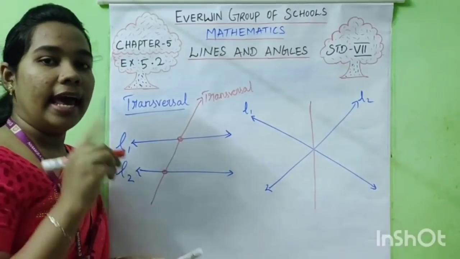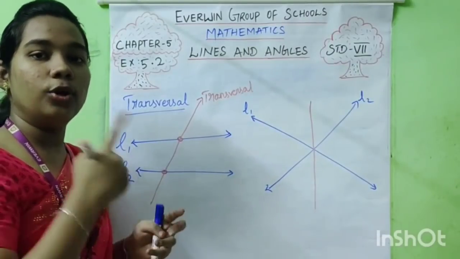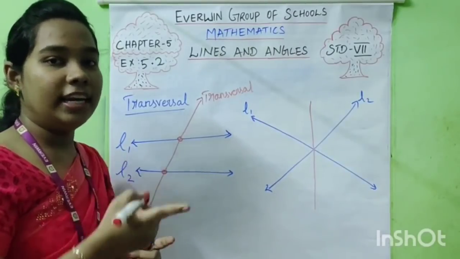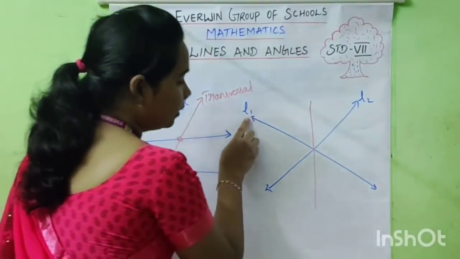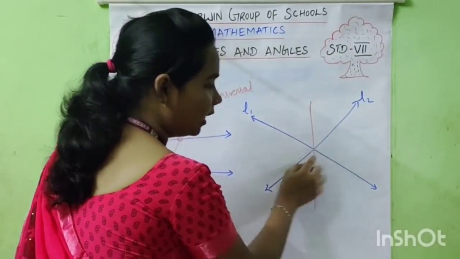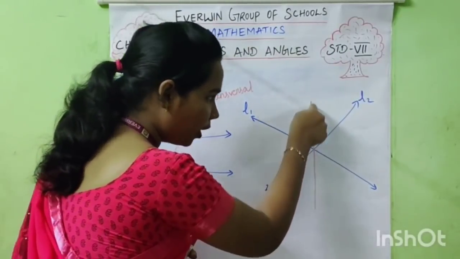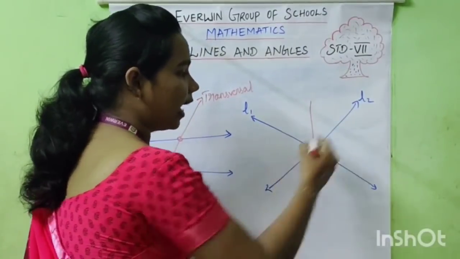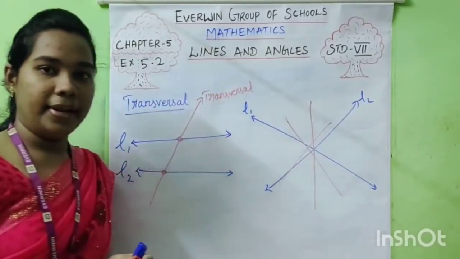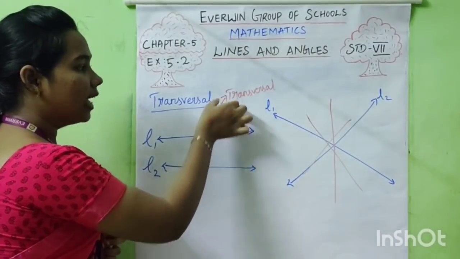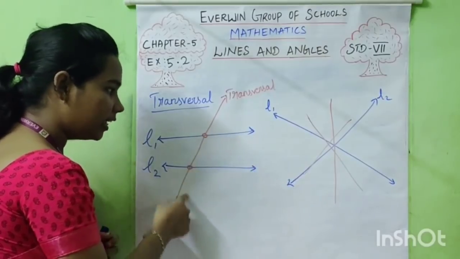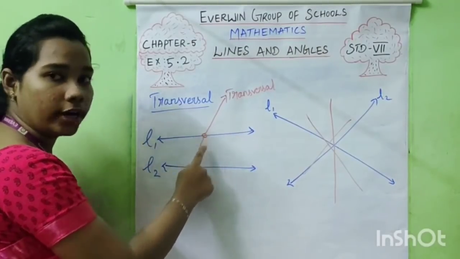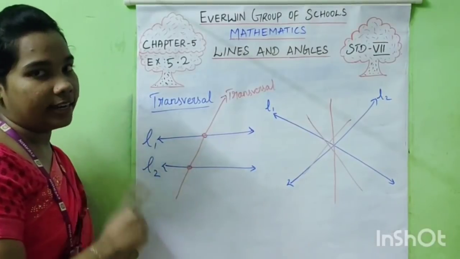I told you a transversal is a line that intersects two or more lines at a distinct point. Distinct point means different point. But here the lines are intersecting at this one point. At this point only the line is getting crossed. So this is not a transversal example. So a transversal means a line that is intersecting two or more parallel lines at distinct points.